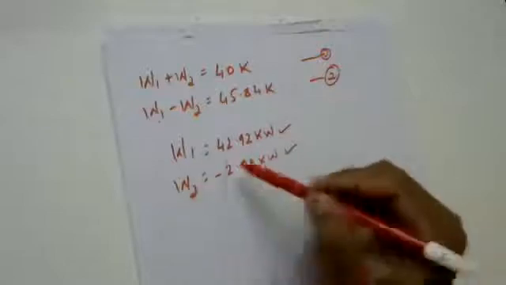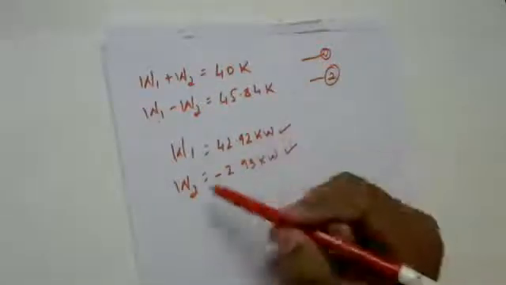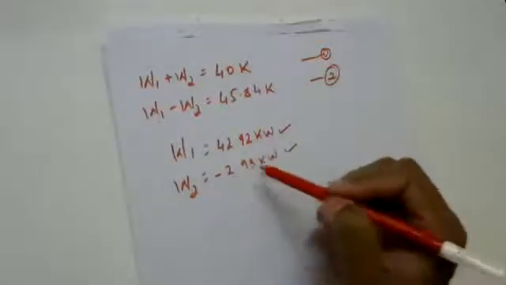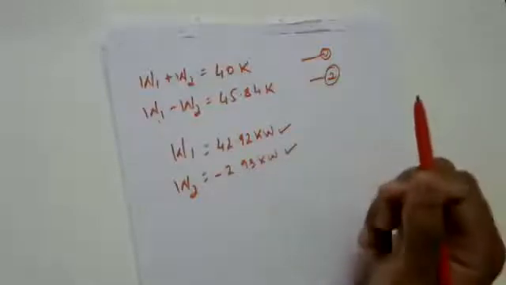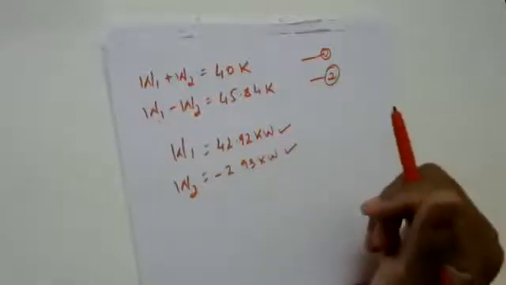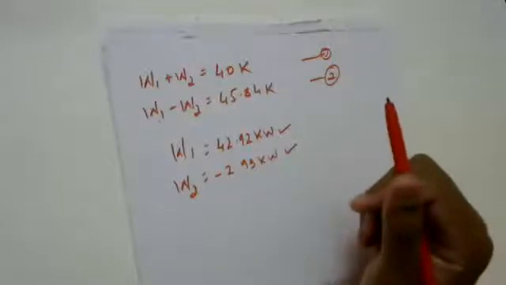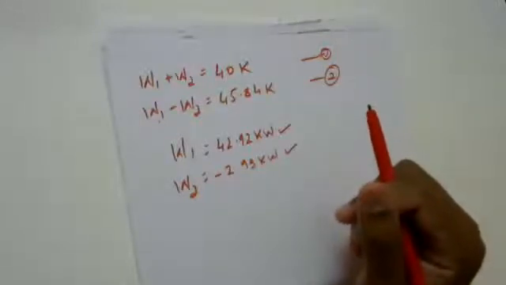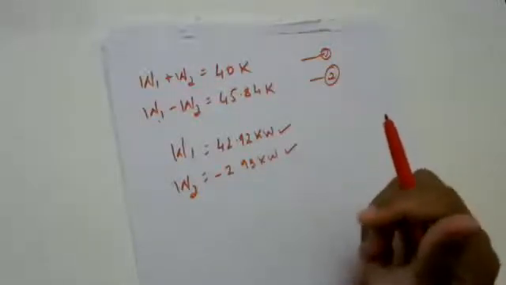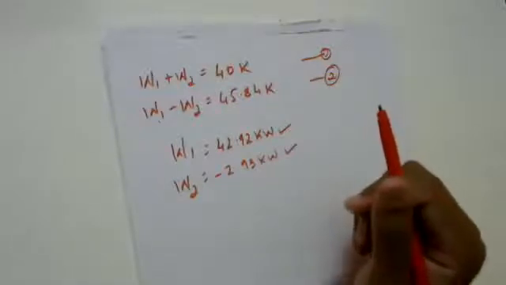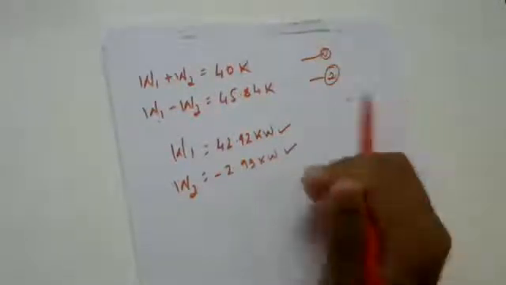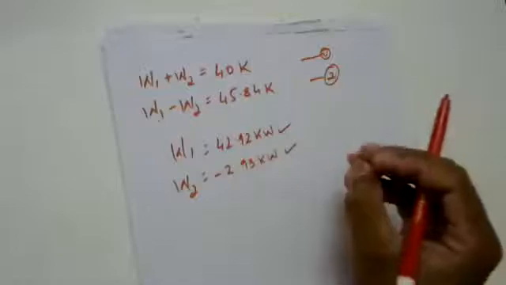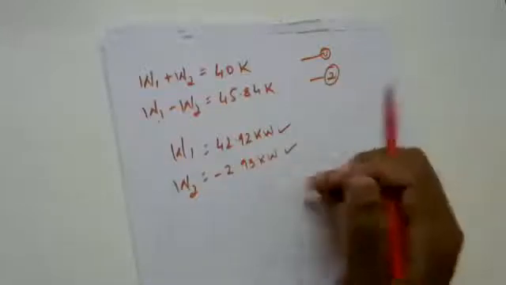So W1 is 42.92 kilowatts, W2 is minus 2.93 kilowatts. Okay, is it clear? Any doubts in this numerical?